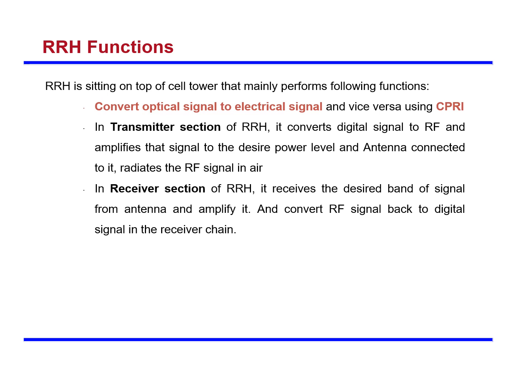In the transmitter section of the RRH, it converts the digital signal to RF and amplifies that signal to the desired power level, and the antenna connected to it radiates the RF signal in air. In the receiver section of the RRH, it receives the desired band of signal from the antenna and amplifies it, and it converts the RF signal back to a digital signal in the receiver chain.